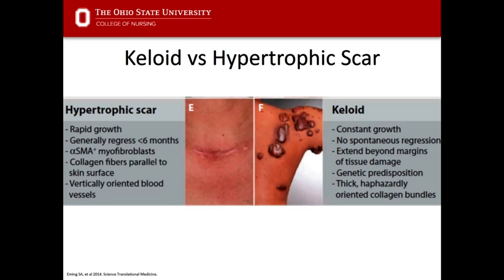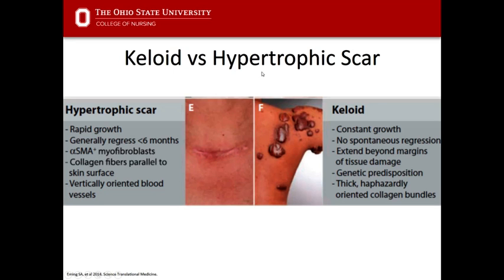This is hopefully to help you understand the difference between keloids and hypertrophic scars. I know a lot of people who, when they have a hypertrophic scar, think, oh my gosh, I'm a keloid former, but really, they just have an enlarged scar.